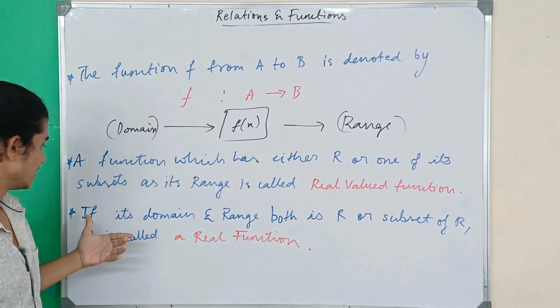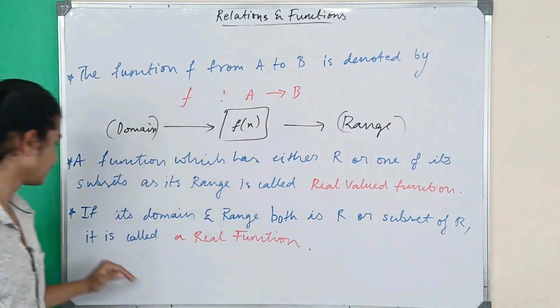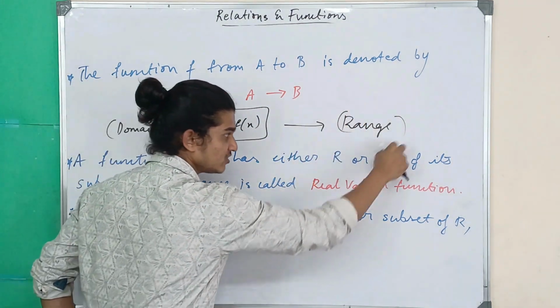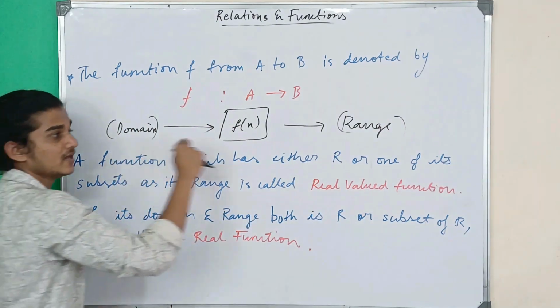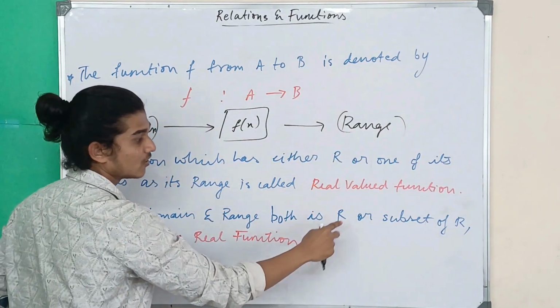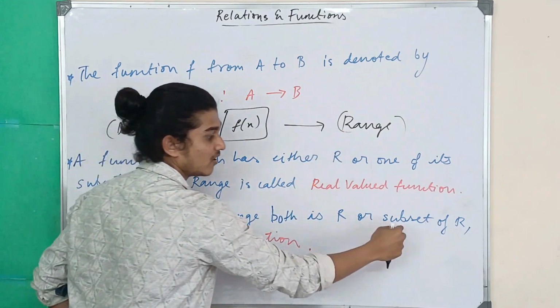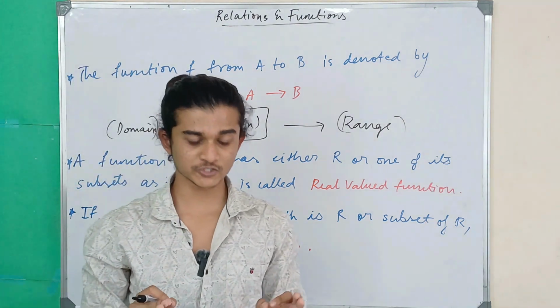The next one is, if domain and range both are R or a subset of R, then it is called a real function. In the first case, only the range was R or a subset of R, whereas in this case both domain and range are R or a subset of R. So if both domain and range are real numbers or a subset of real numbers, we call it a real function. This was the note which you need to notice.